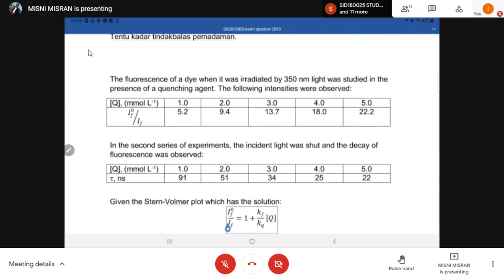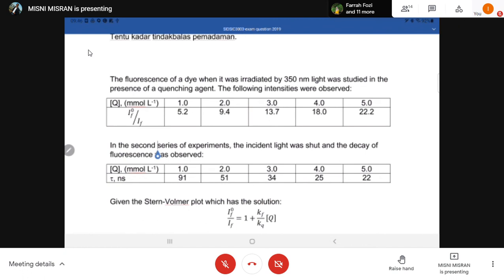Irradiated by 350 nanometer light, it was studied in the presence of a quenching agent. So still, this is bimolecular. The following intensities were observed, without and with quencher.